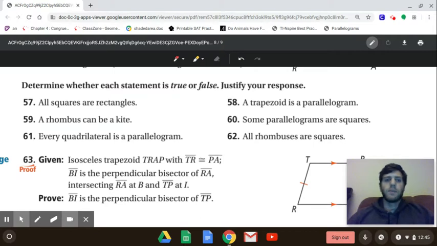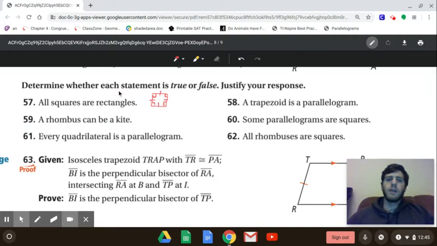So 57, all squares are rectangles. Well, a square is defined as a quadrilateral with four right angles and four congruent sides. So here's a square.